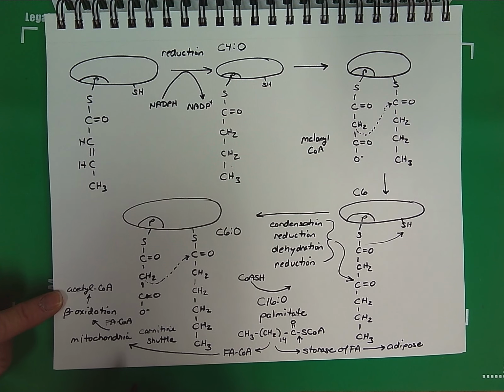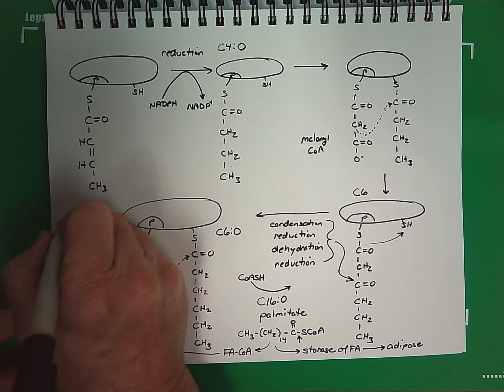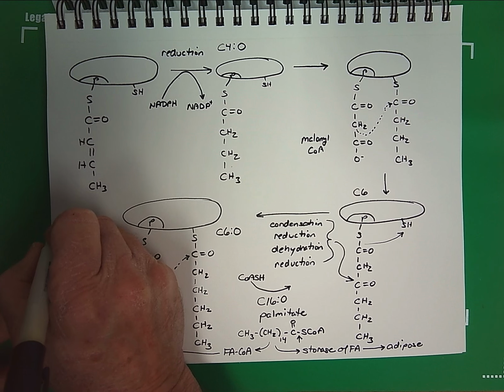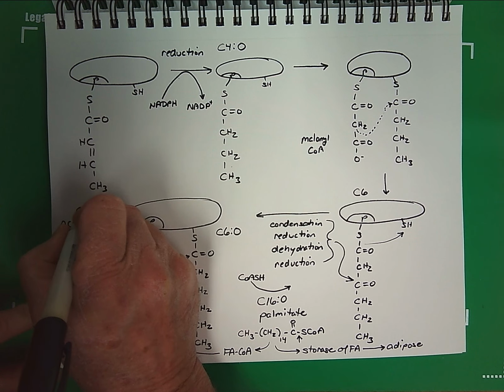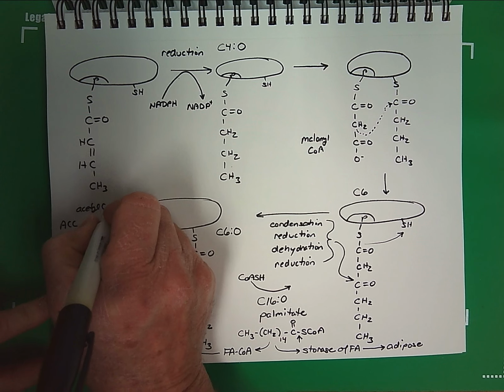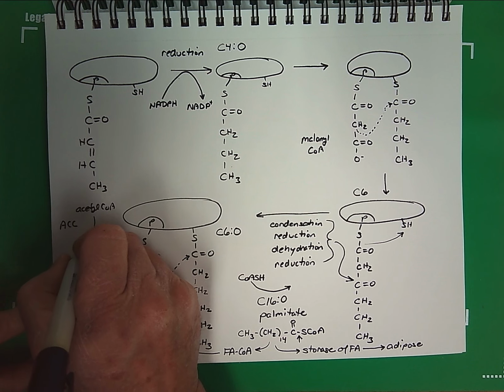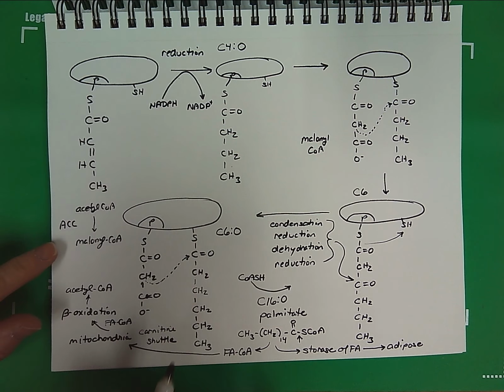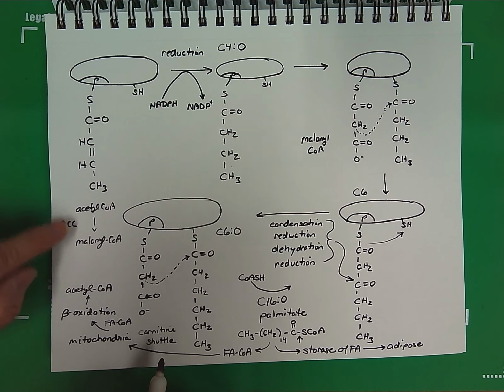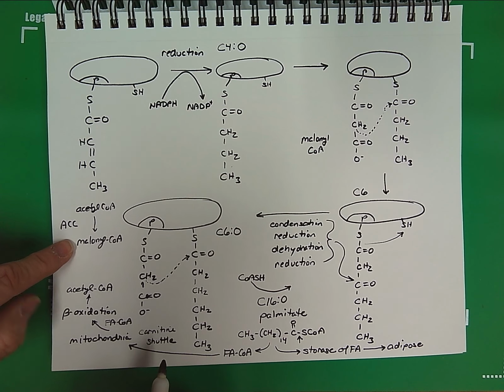This is a futile loop. And so in order to prevent this from happening, recall that we have our acetyl-CoA carboxylase enzyme that is converting our acetyl-CoA to malonyl-CoA. So recall, this is our first step in generating our substrate for fatty acid synthesis.